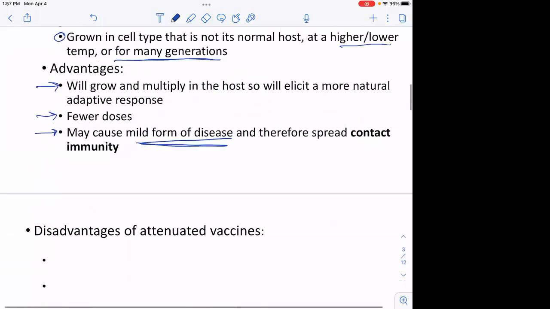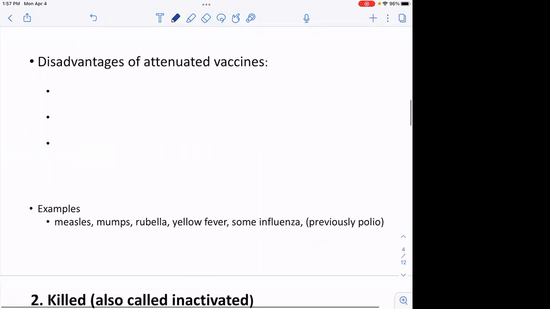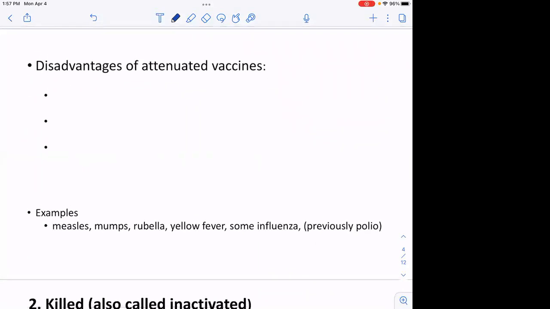If you think about the negatives to attenuated vaccines, that's really a disadvantage too, that it's possible to have transmission.